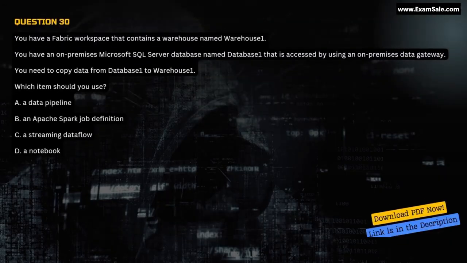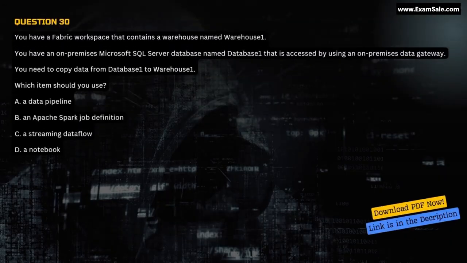Question 30. You have a Fabric workspace that contains a warehouse named Warehouse 1. You have an on-premises Microsoft SQL Server database named Database 1 that is accessed by using an on-premises data gateway. You need to copy data from Database 1 to Warehouse 1. Which item should you use? A. A data pipeline.